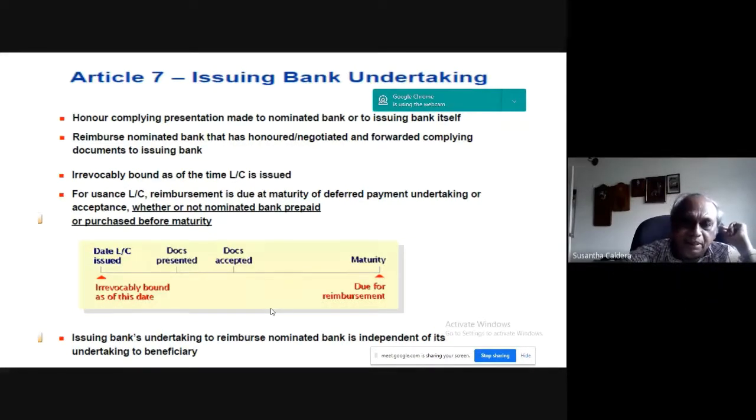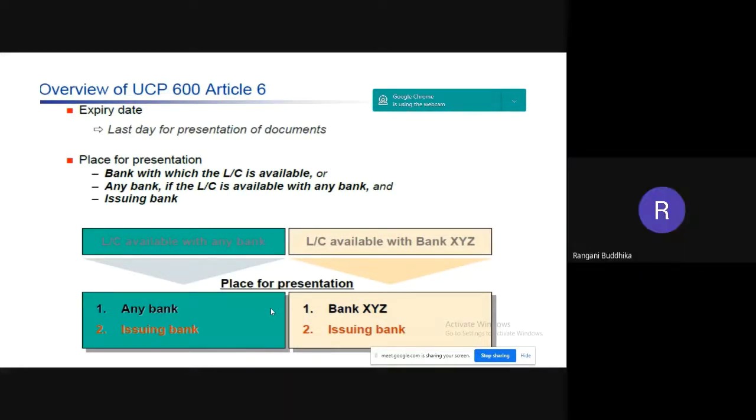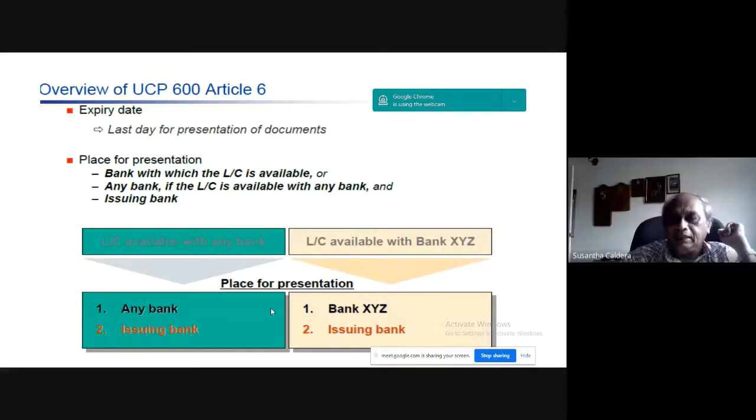For example, if an LC is available with bank XYZ, then who has to pay? Bank XYZ has to pay. But if they have not paid, the issuing bank has to pay.